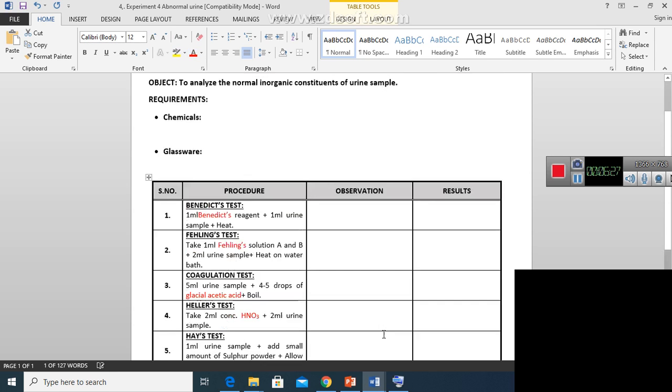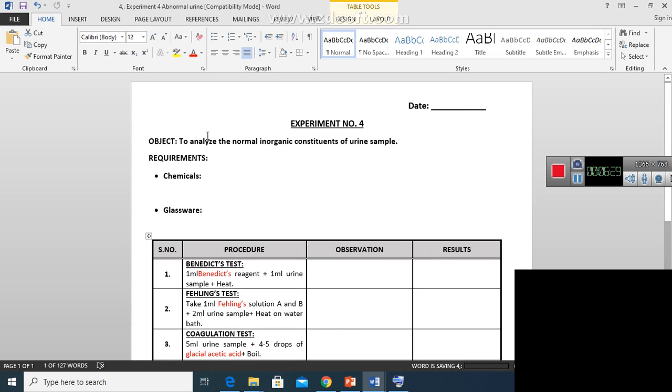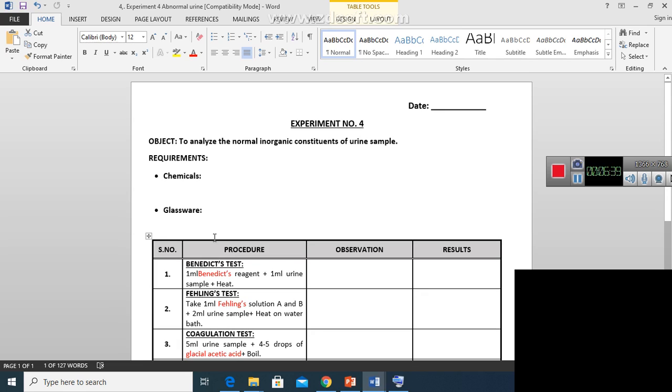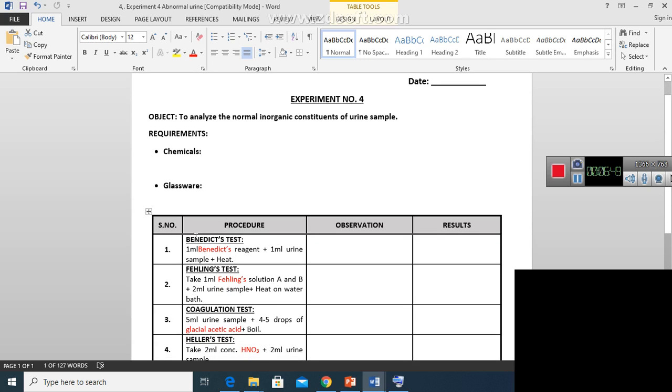So this was about today's tests. And whenever you have different reagents in your test or experiment, you will use the heading chemicals and reagents, because you cannot write the name of a reagent under the heading of chemicals only.